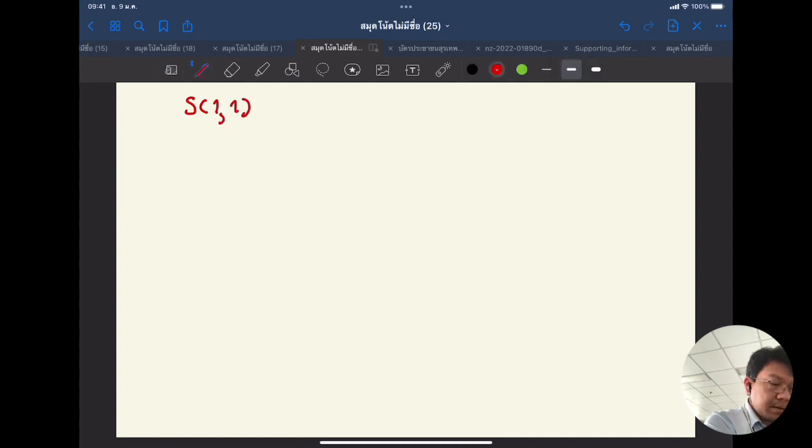S1 must be 500 if you have a contract to deliver 500 units of product 1 in the first month, and this one can be lesser or equal.